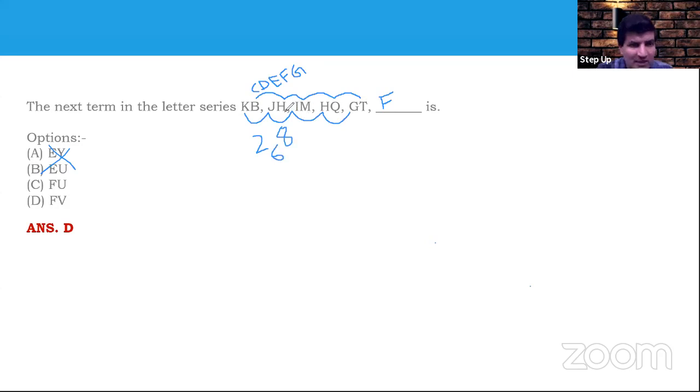And similarly, H's place value is 8, then KLM and O. Between 8 to 13, how much is it?